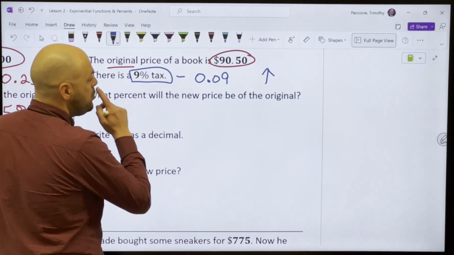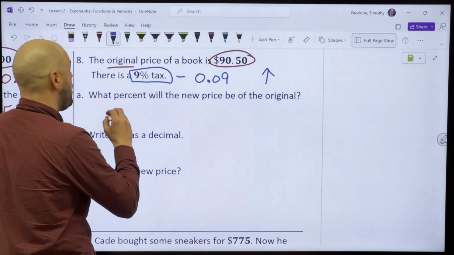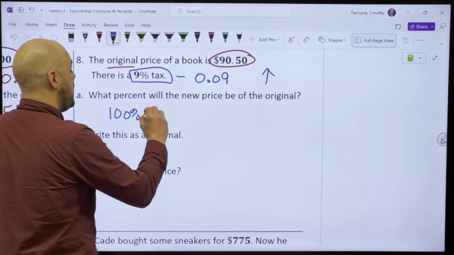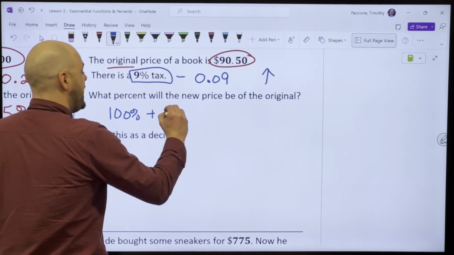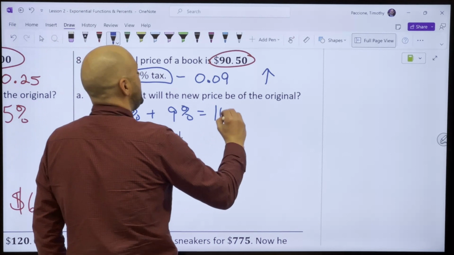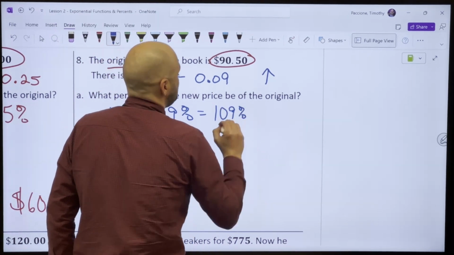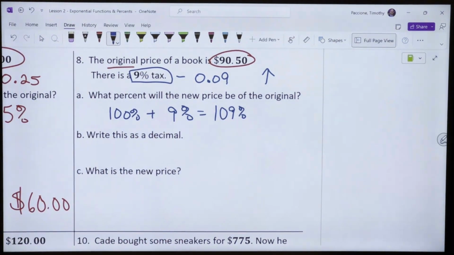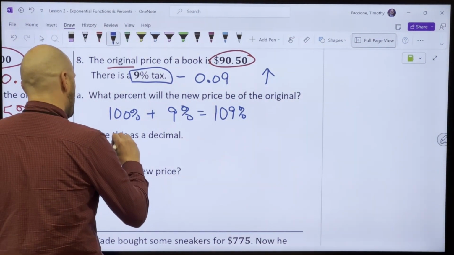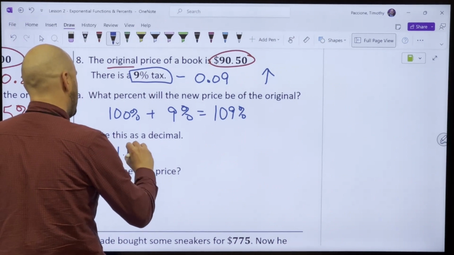So what percent of the original will the new price be? Well, we start with 100, and we're going up 9%, which will be 109%. So that as a decimal is 1.09.